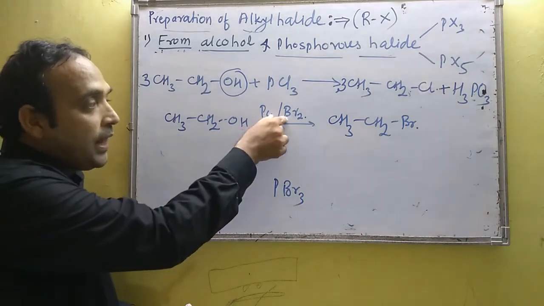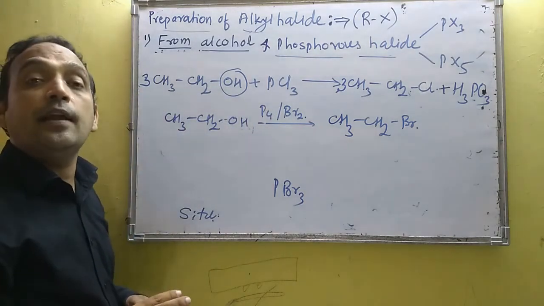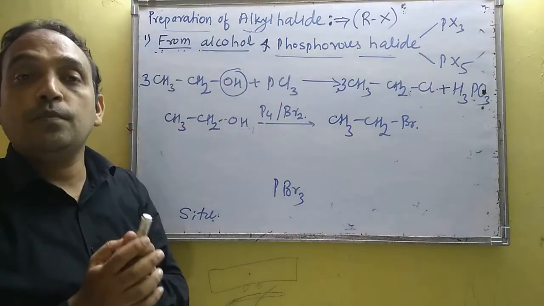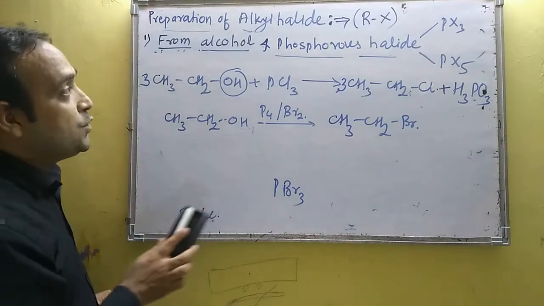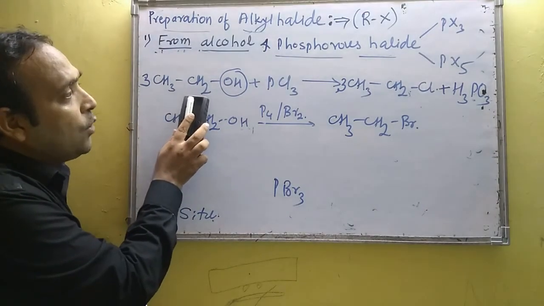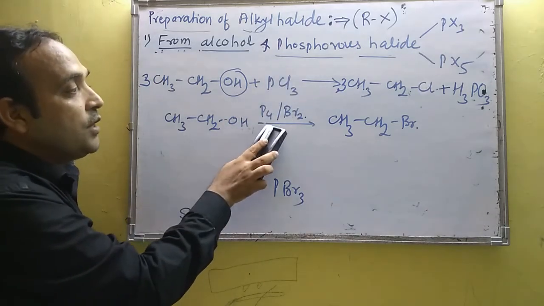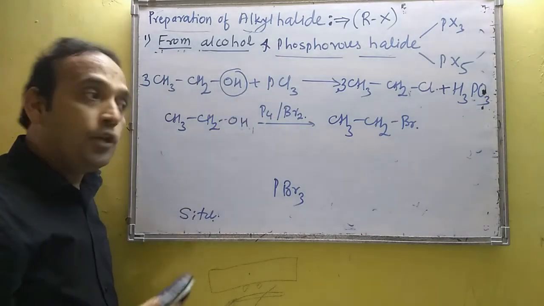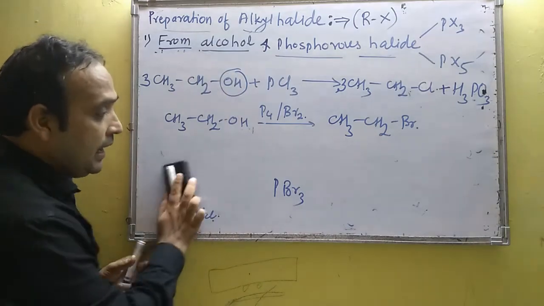So this is called an in situ reaction, in which freshly prepared reagents are required, or prepared in the reaction procedure. So this is the reaction of alcohol with PCl3, or alcohol with red phosphorus and bromine. Use red phosphorus and iodine, and you will get alkyl iodide.